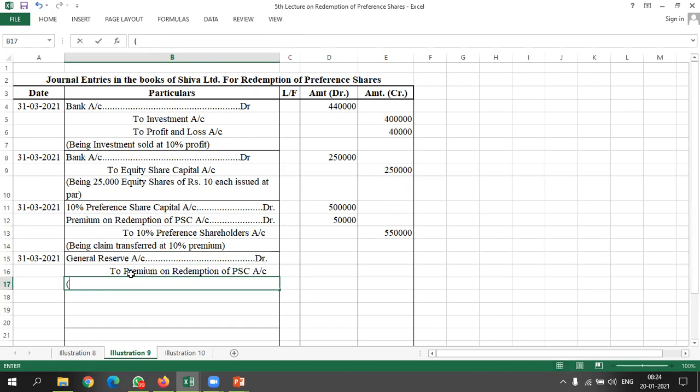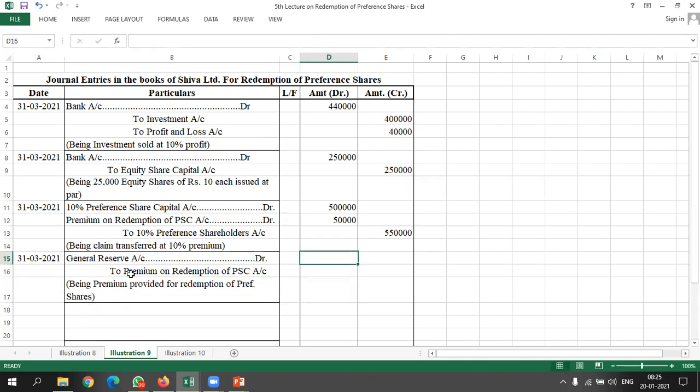Narration will be being premium provided for redemption of preference shares. ठीक है? How much you have to provide? 50,000.